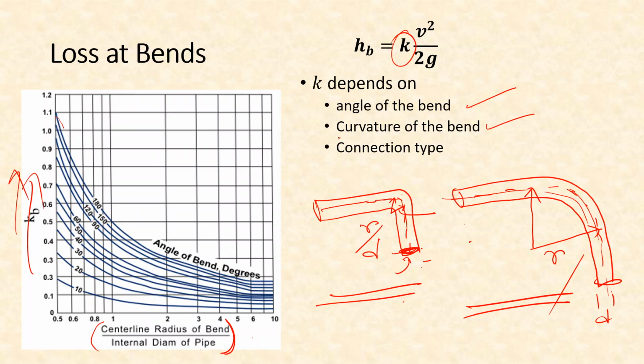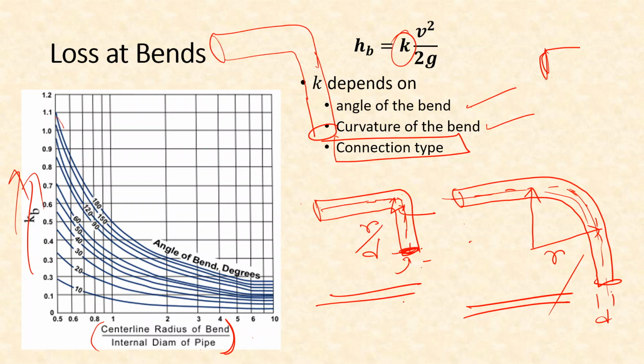Now connection type is also important, because if we can simply bend the pipe itself, then it will be much more efficient rather than using some other kind of connection that you must have seen in household plumbing.